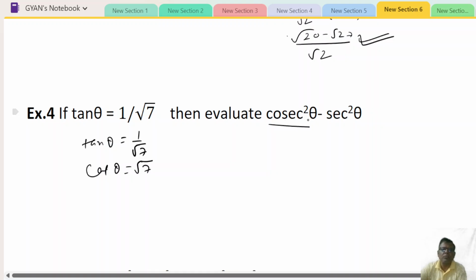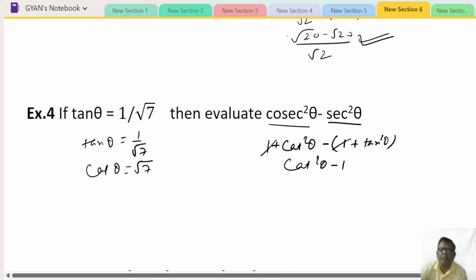So this you convert into cot theta, this you convert into tan theta. So this one is equal to 1 plus cot square theta minus 1 plus tan square theta. The 1 gets cancelled. Then cot square theta minus tan square theta. Then cot square theta is equal to 7 and tan square theta is equal to 1 by 7.